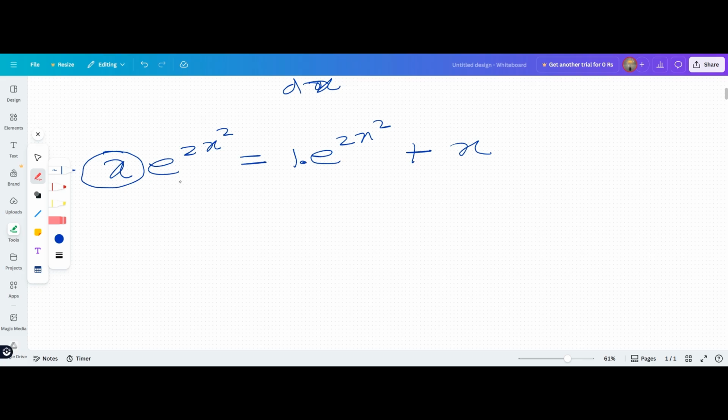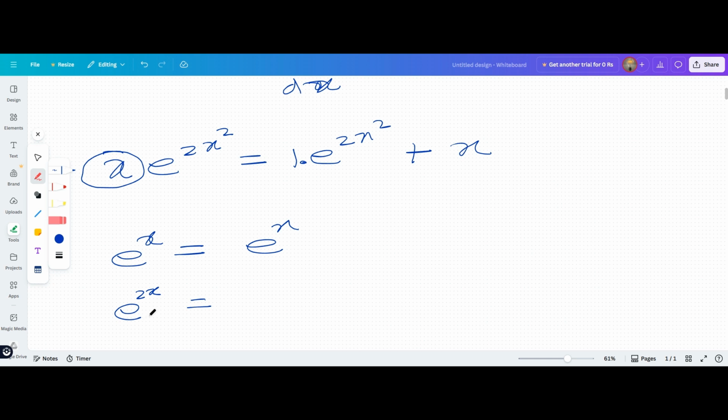This one is a little hard for beginners. Nothing hard, but they may struggle with this. If you differentiate e to the power x, the answer is e to the power x. If you differentiate e to the power 2x, the answer is what?